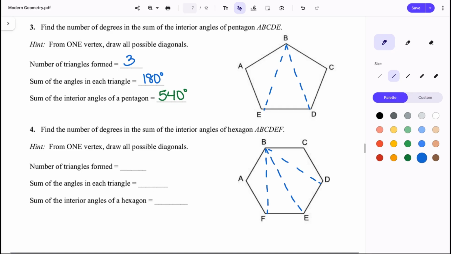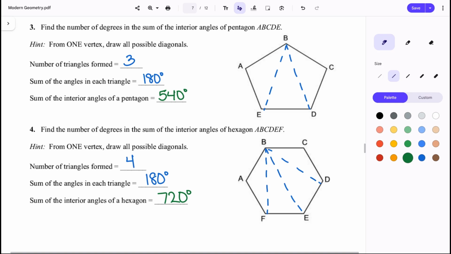How many triangles did we create there? 4 this time. Again, there's 180 degrees in each triangle. So this equals, what did you say a little bit ago, Dash? 720. And where did we get that number from again? 180 times 4 is 720.